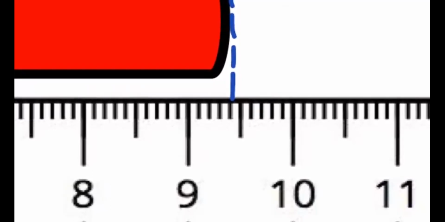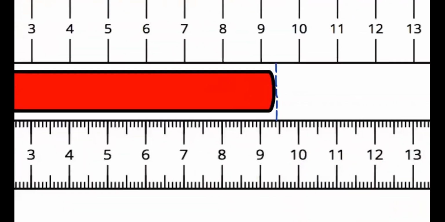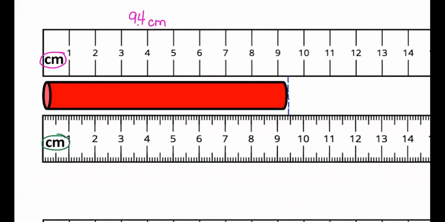So if I'm using the bottom ruler to measure my object, the correct way to report it will be 9.41 centimeters. And again, the 0.01 is my estimated digit.